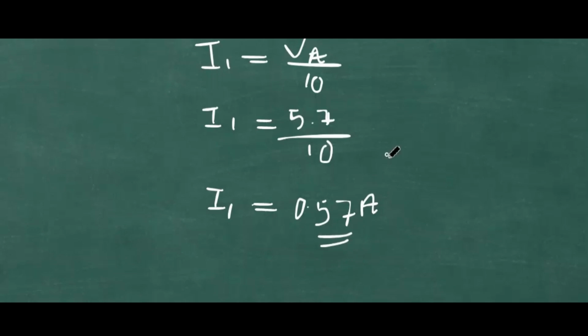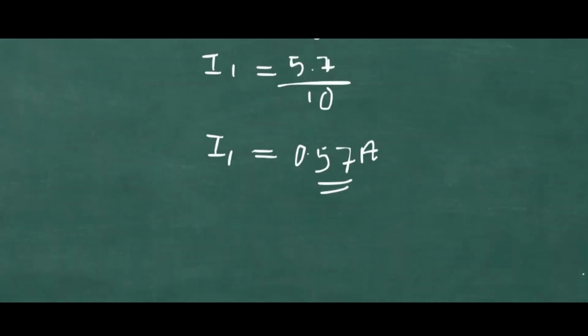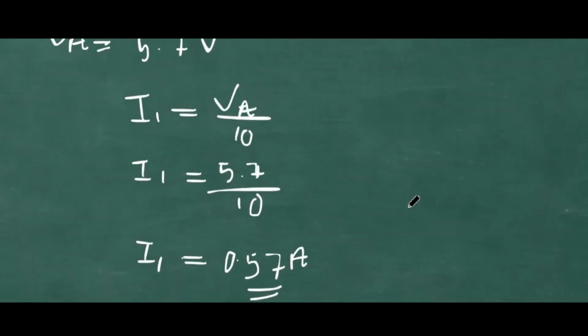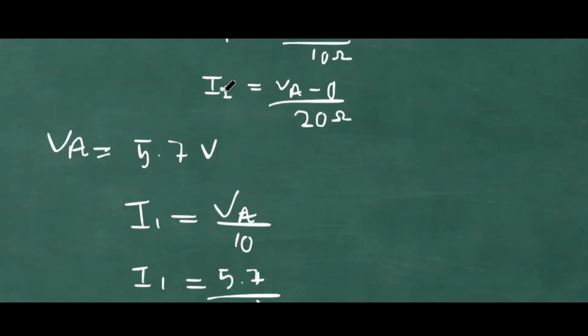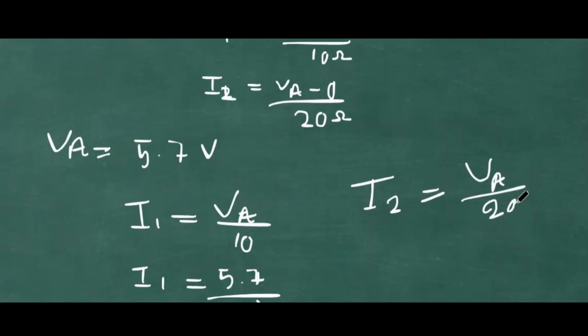In the same way, I am going to find the I2 current. I2 is equal to VA divided by 20.